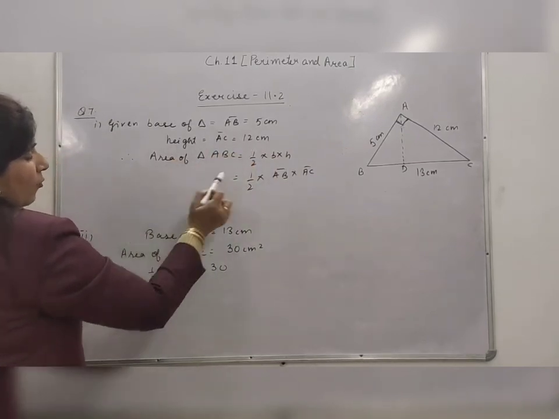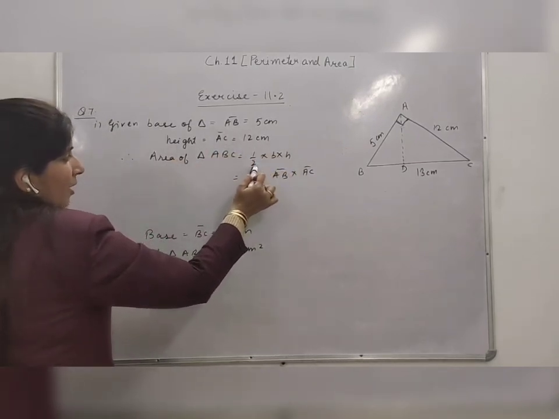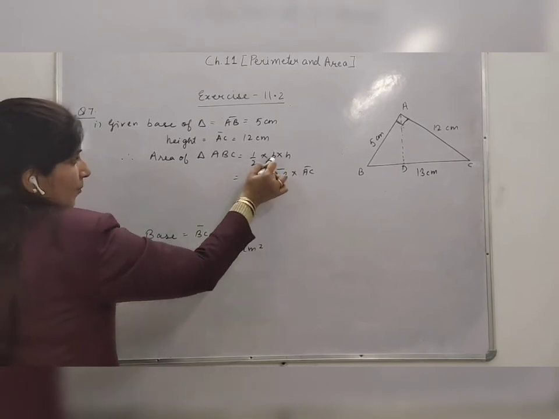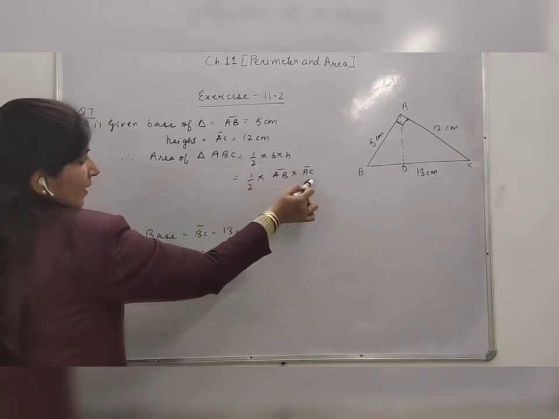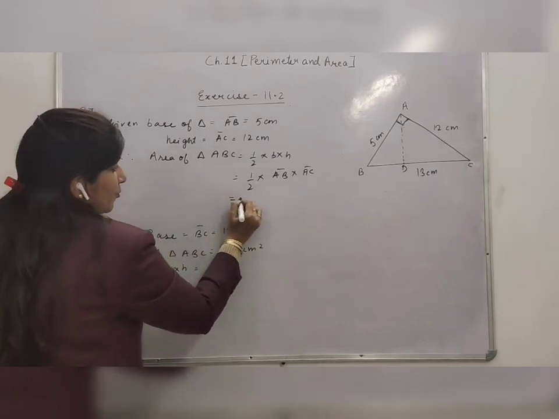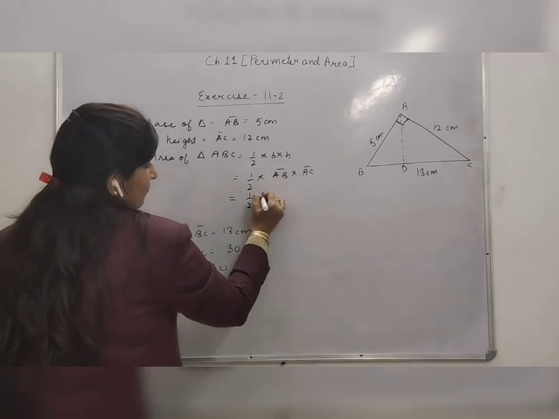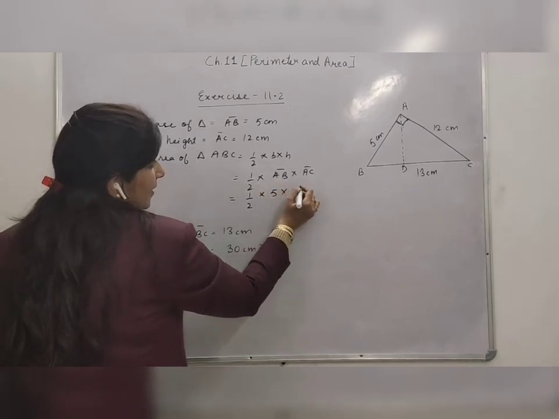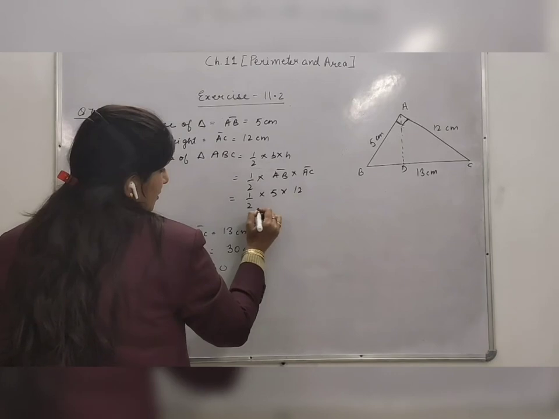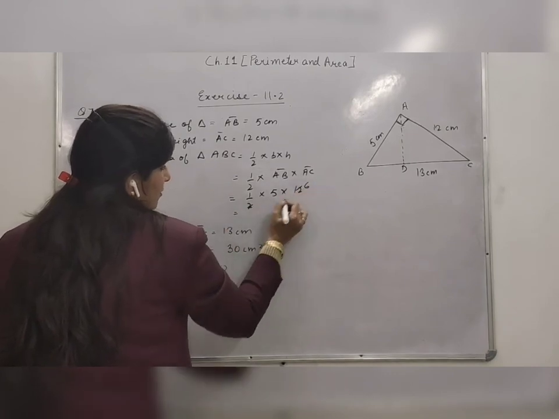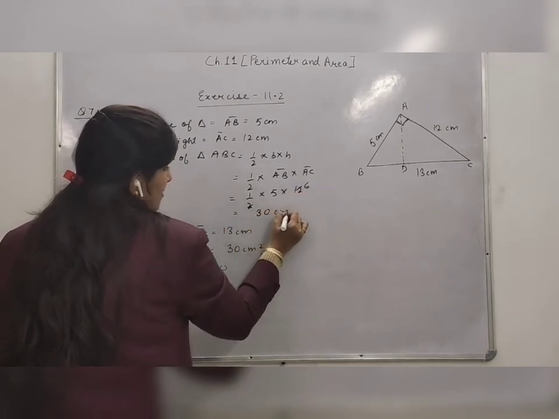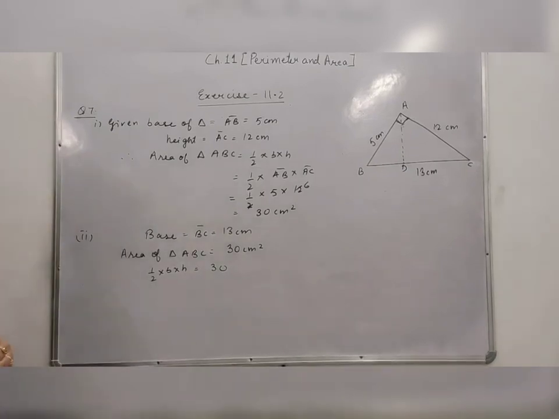Apply the formula, half into base into height. Base here is AB and height is AC. AB is 5 and AC is 12 cm. After solving, we'll get 30 centimeter square as the area of triangle ABC.